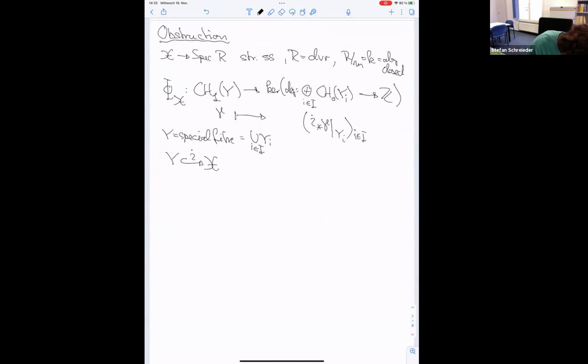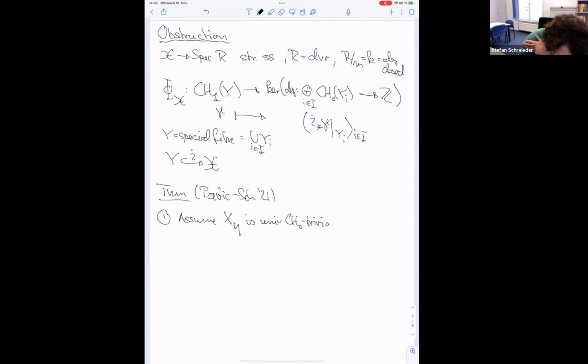Okay, and now here's our result. So Pavic and myself. So first, assume that the generic fiber is universally CH_0 trivial, or equivalently has a decomposition of the diagonal.